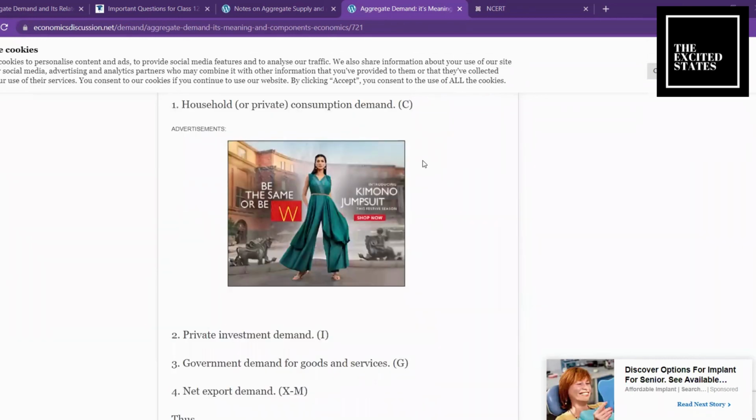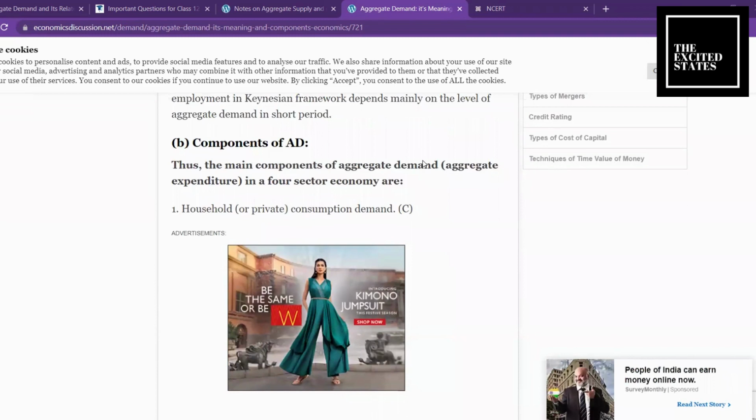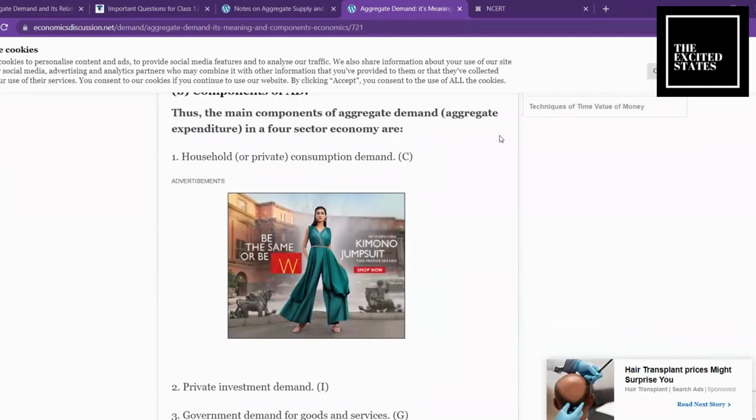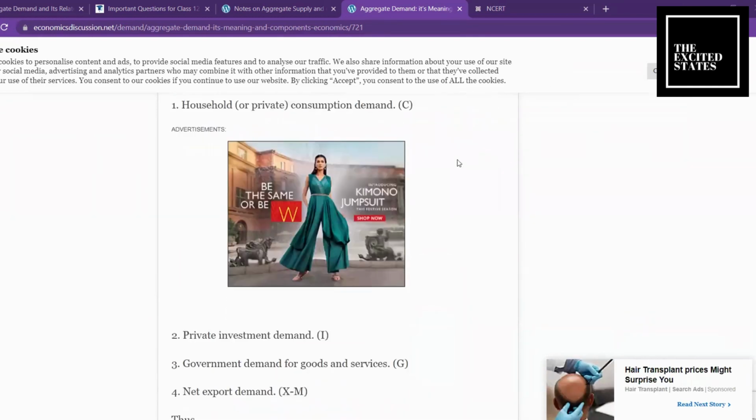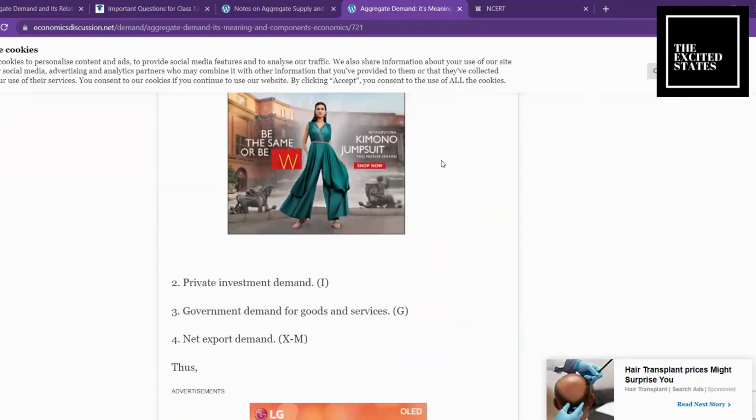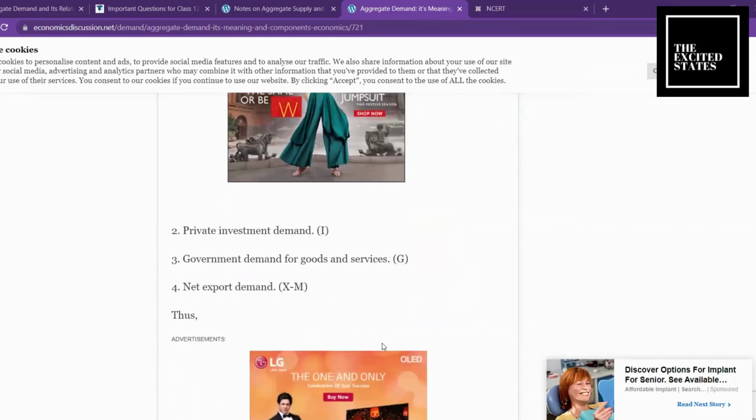These are the four. If in the exam the question is what are the main components of aggregate demand, you have to write all four. That is household consumption demand, C. Private investment demand, I. Government demand for goods and services, G. And net export demand, X minus M.